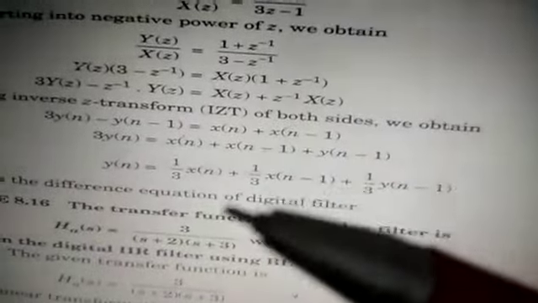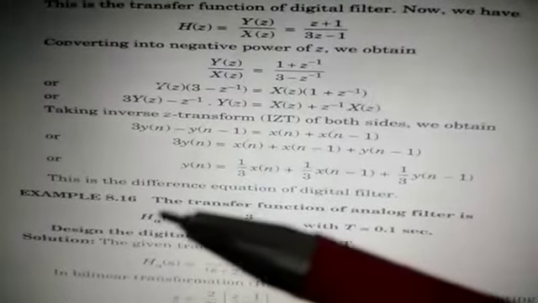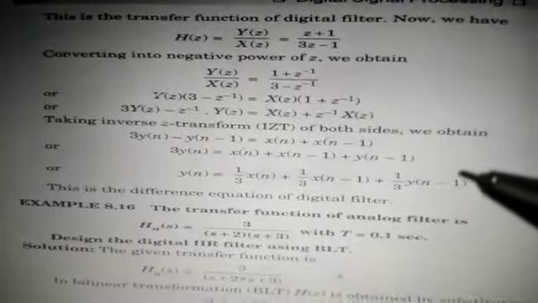So you can write y of n is equal to 1 by 3 x of n plus 1 by 3 x of n minus 1 plus 1 by 3 y of n minus 1. This is the required difference equation of the given problem. So any transfer function can be converted into the difference equation just by making the ratio y of z upon x of z and taking its inverse z transform, with y of z on one side and x of z on the right side.